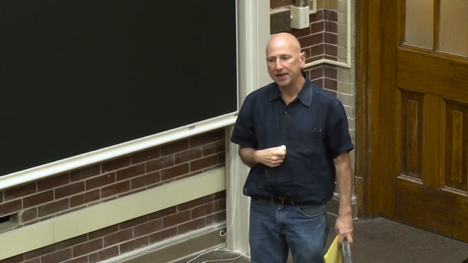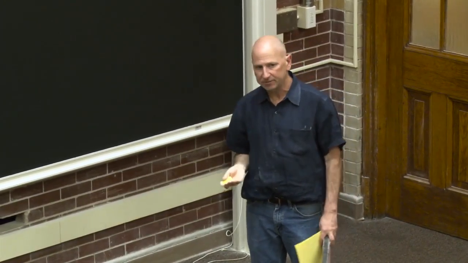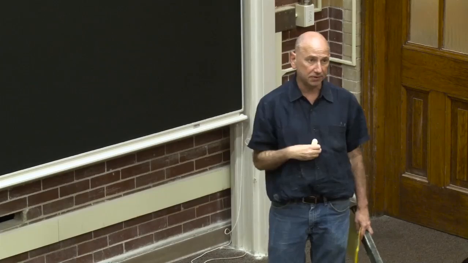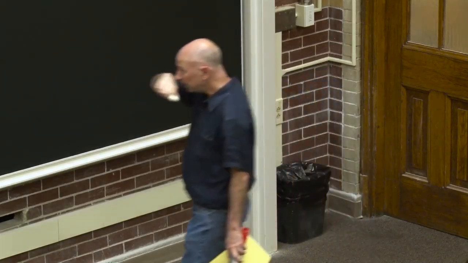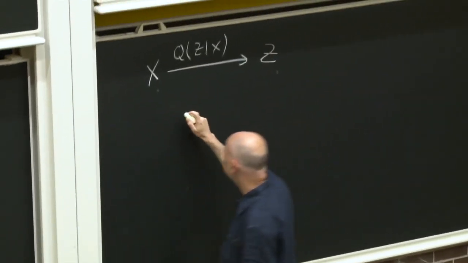So unlike typical data analysis where nature is generating data from some distribution, in this case we're picking the distribution, which is nice. But we have to pick q to satisfy this notion of differential privacy, and this is the definition.